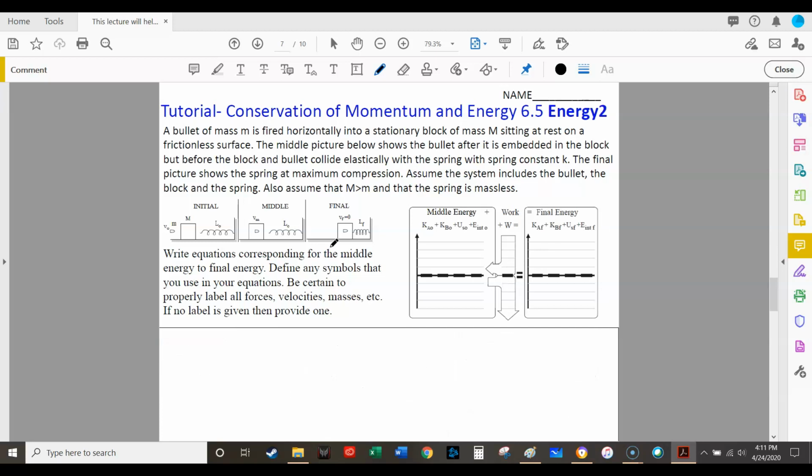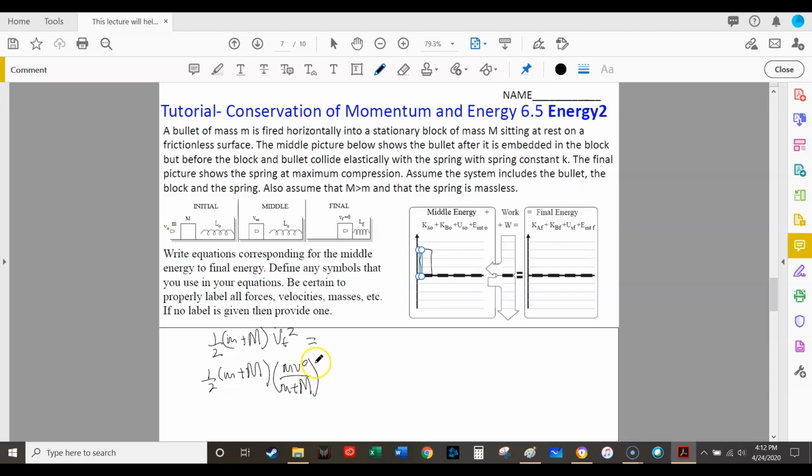Let me illustrate this. Suppose that during the middle stage it has a kinetic energy. The 2 block system has 1/2 the combined masses times their final velocity squared. Where does that final velocity come from? We can use the final velocity from the momentum problem, which is m v_i over (m plus capital M).